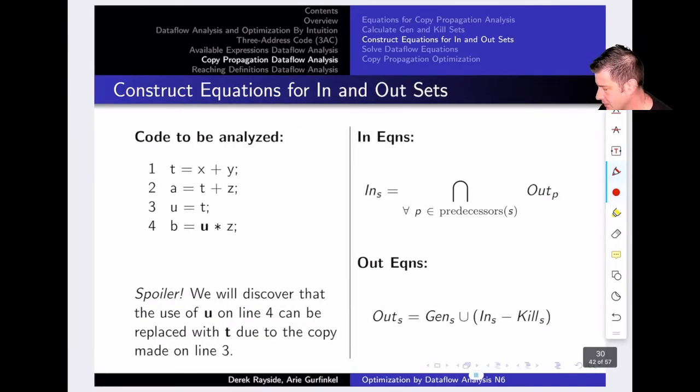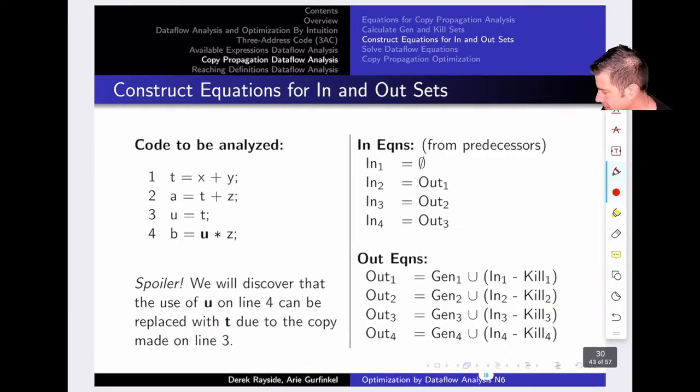But we're going to go back to our previous example. So again, we do want to get a copy propagation to appear in here. We get our equations. They are exactly the same as before. We write them out. Again, at this point, this, and this will look exactly the same as before. The difference is only that we know that the gen and kill sets are different, and the set of data flow facts are different.